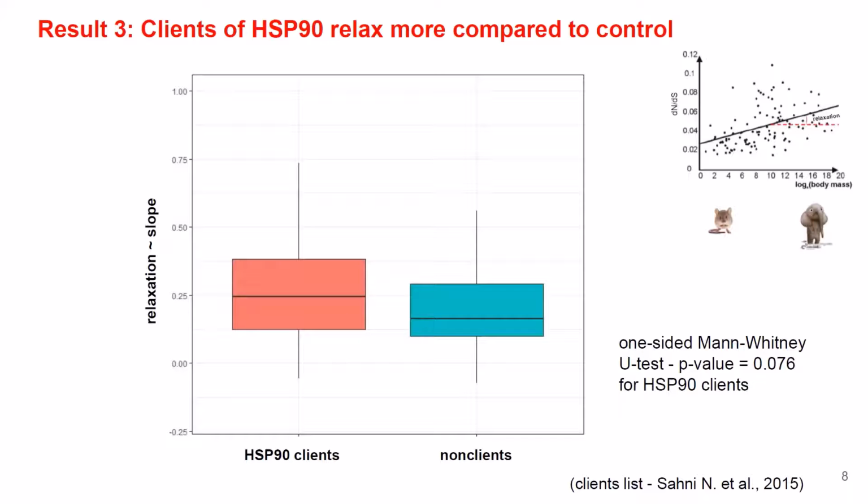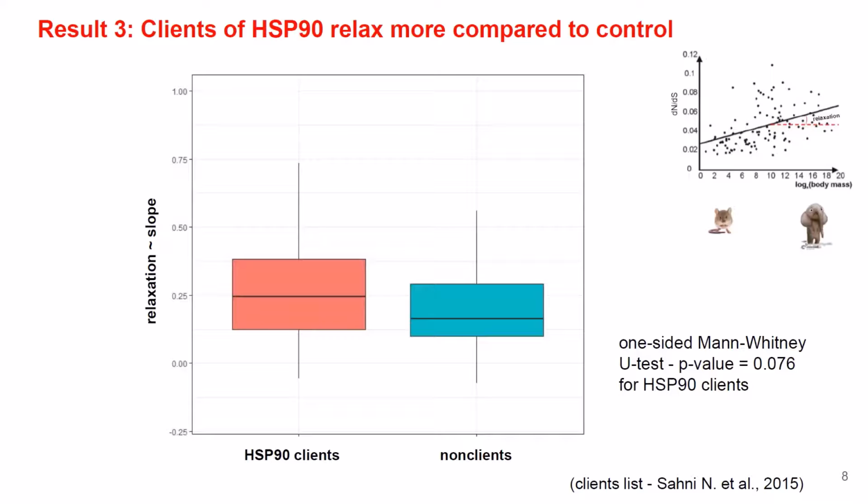To check this, we chose the client proteins of HSP90, and for each client we chose the closest control gene, based on structural characteristics and characteristics of evolutionary constraint.